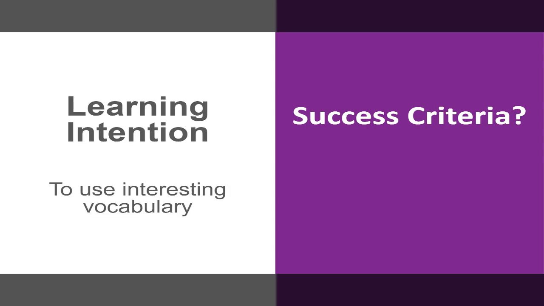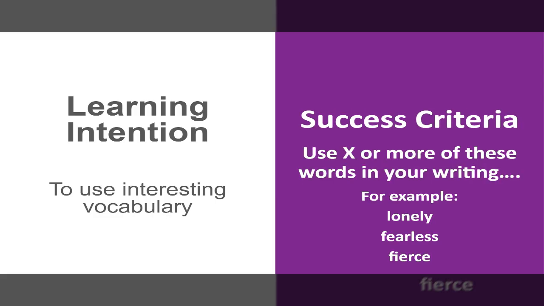Here, the first learning intention is to use interesting vocabulary. But what might that success criteria be? At the initial stages, pupils might collaborate and decide on the kinds of words you might use, or you can select the types of words you'd like them to use.